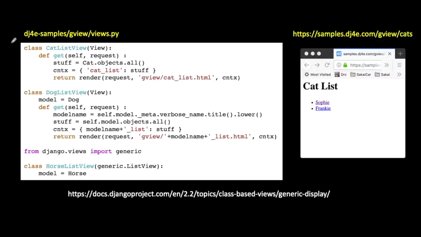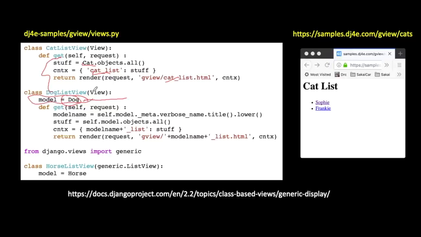So now we have a dog list view, which is just a class, and we're going to create an attribute variable in this object called model. And we're just going to say that this model for this particular one is dog. So the idea now is in this get method, we take this code right here, and everywhere we said cat, make that be generic and have it be driven by this one variable.